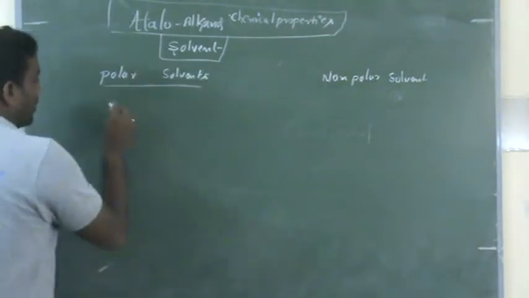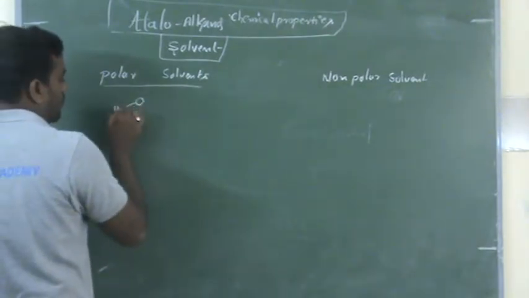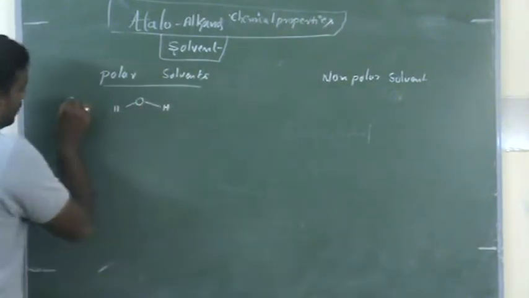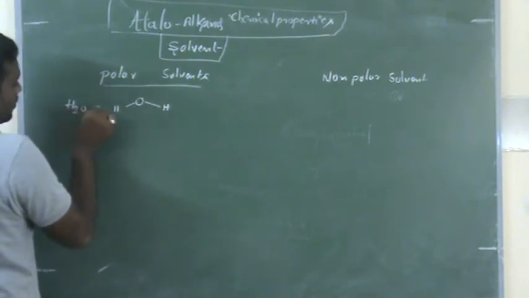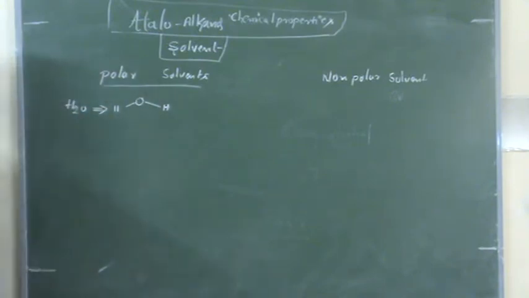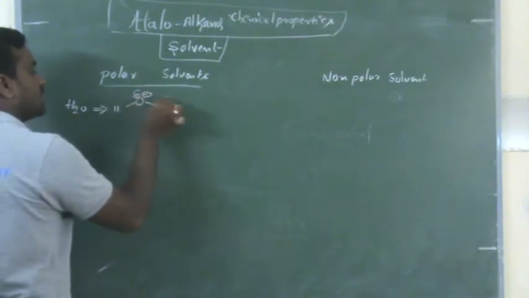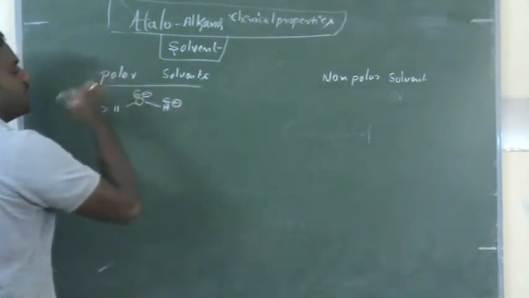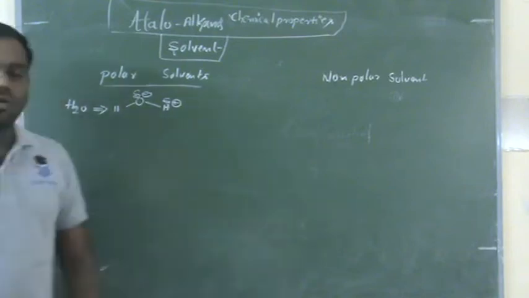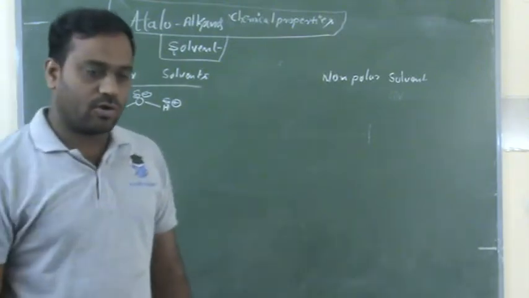Suppose you take a water molecule, this is the water molecule structure, you know already. In that, always keep in mind there is oxygen getting a partial negative charge and hydrogen getting a partial positive charge. Why? Because oxygen is more electronegative.